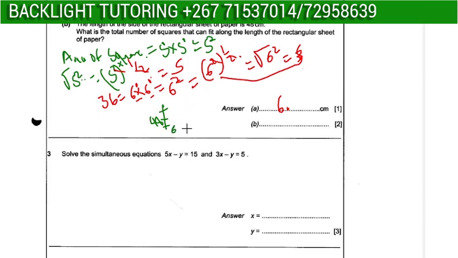So they ask you how many 6s can make this 48. Just 8, right? So you are going to divide this 48 by 6, the length of each square.